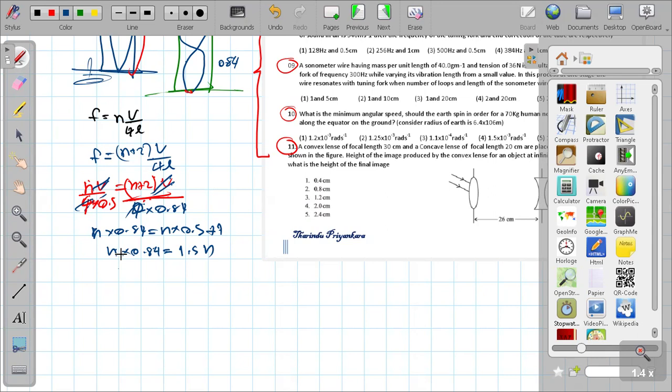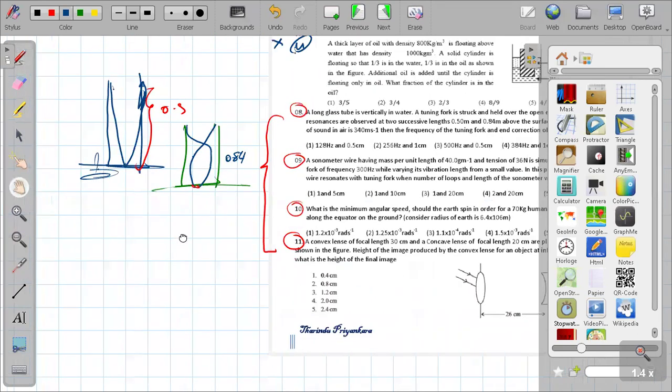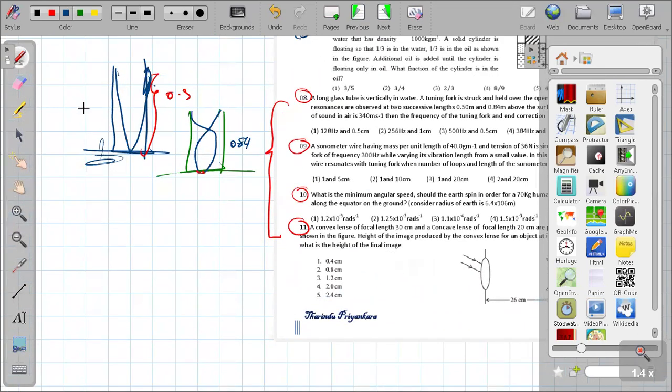I think actually I'm not into that. No, something, let's consider it like here.